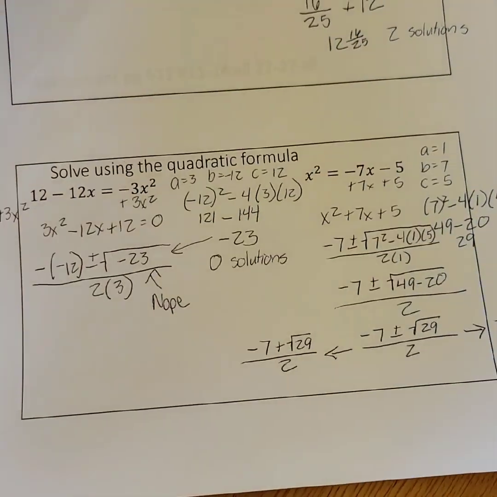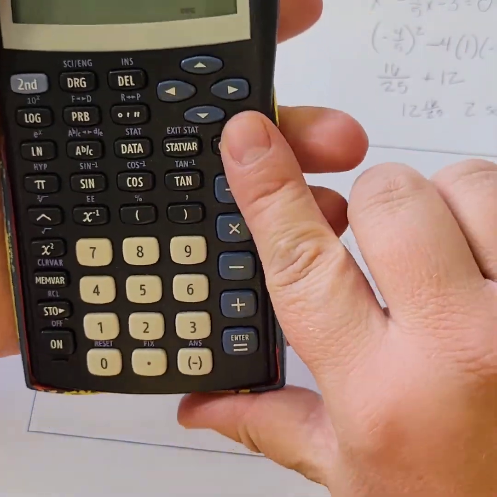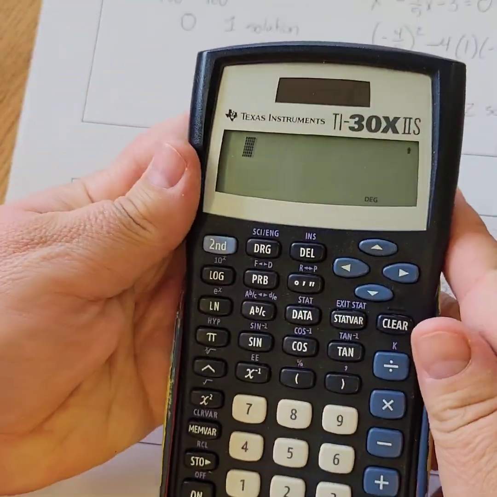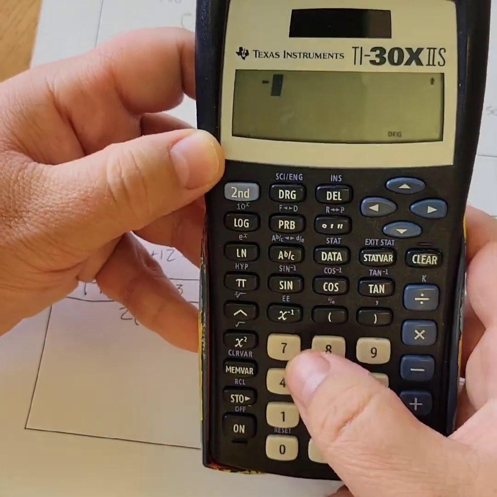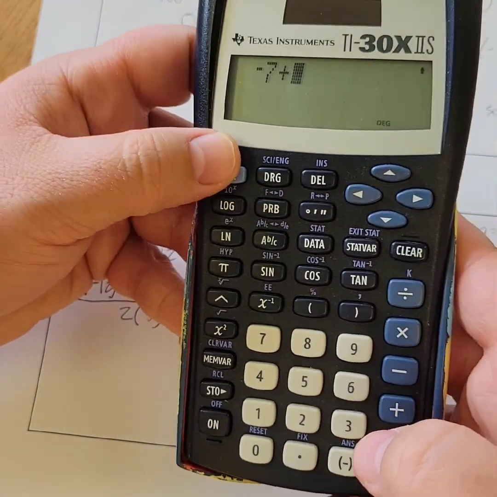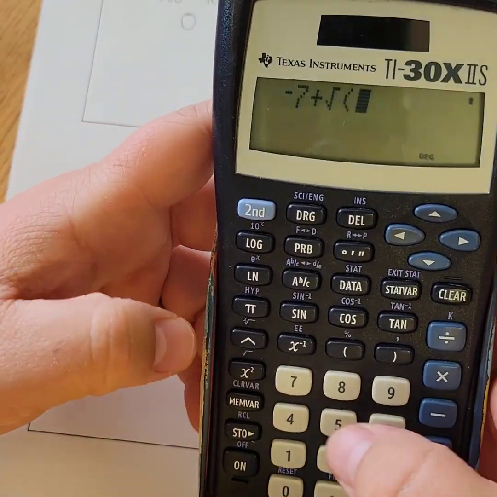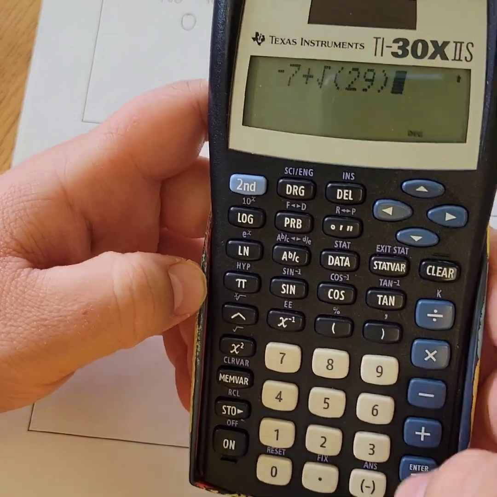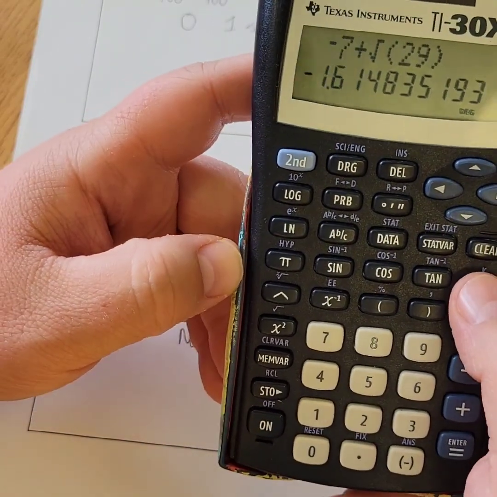So if you're still struggling to put these in your calculator, we're going to go negative 7 plus second function x squared 29. And then you can hit equals and then divide that by the 2.